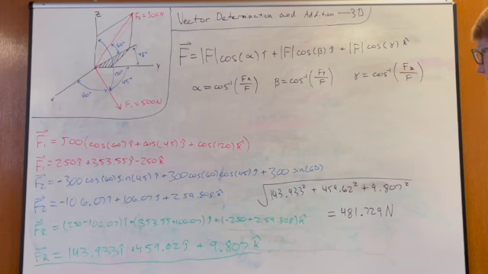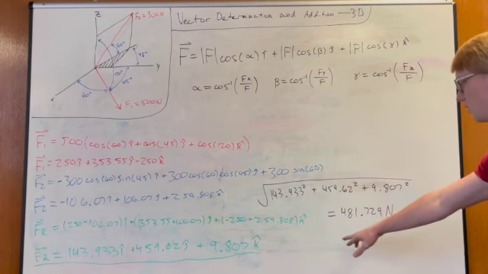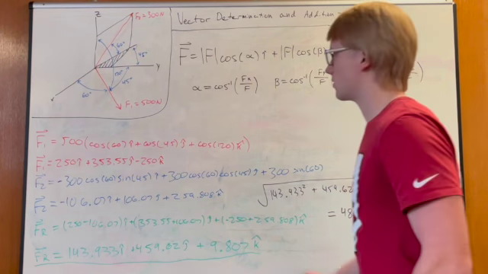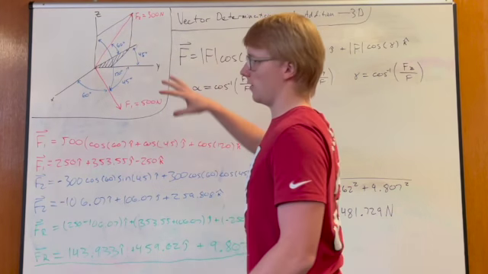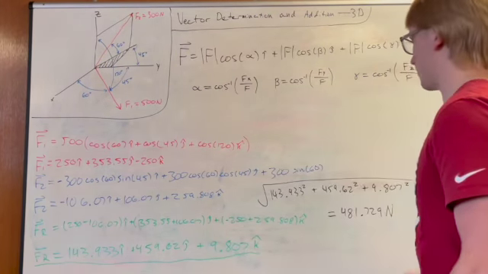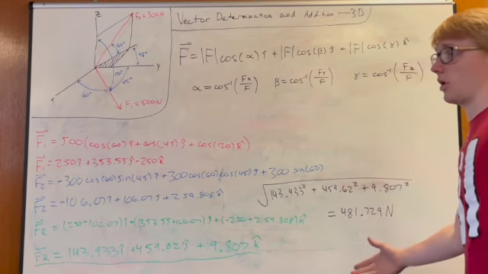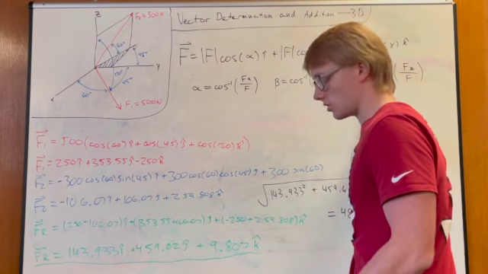So what I did here was take the square root of all of them squared to find the real force. And you see how F1 is 500 newtons and F2 is 300 newtons. Add them together, the resulting force would be that. But we don't know the direction. And that's this. We use these three equations to find the direction.